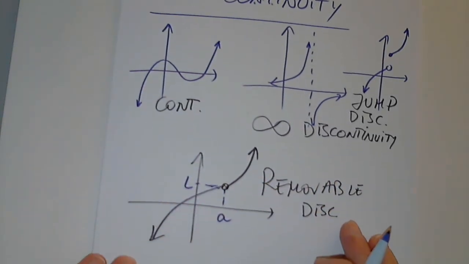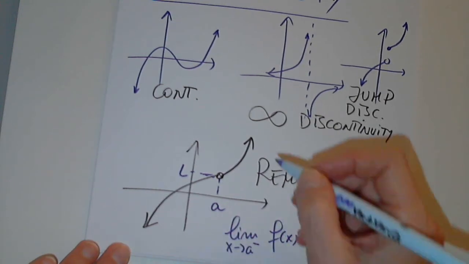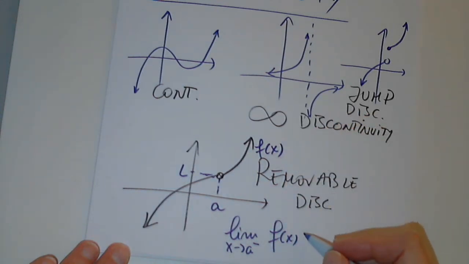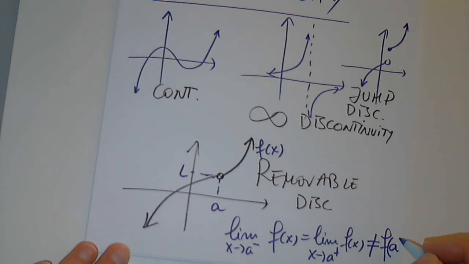So the removable discontinuity means that the limit as x approaches a from the left of the function equals the limit of the function as x approaches a from the right, but it does not equal the function value at that point. That is what we call removable discontinuity.